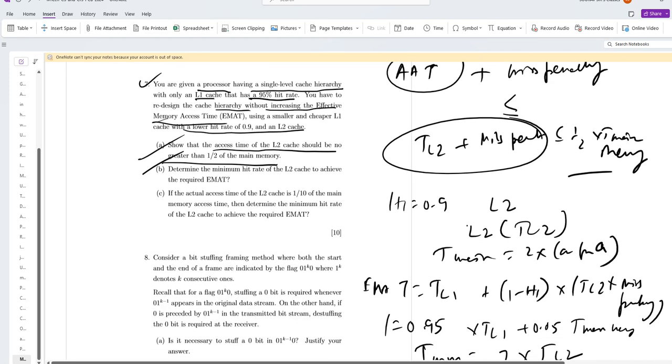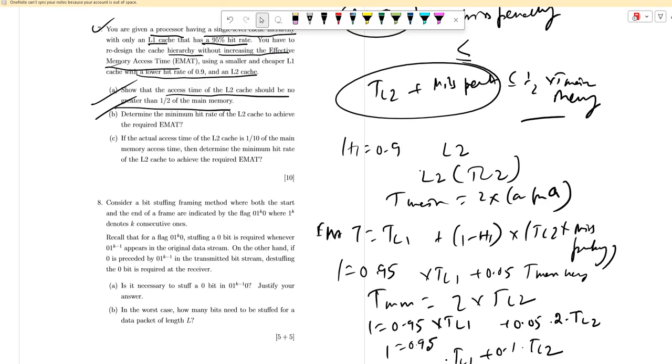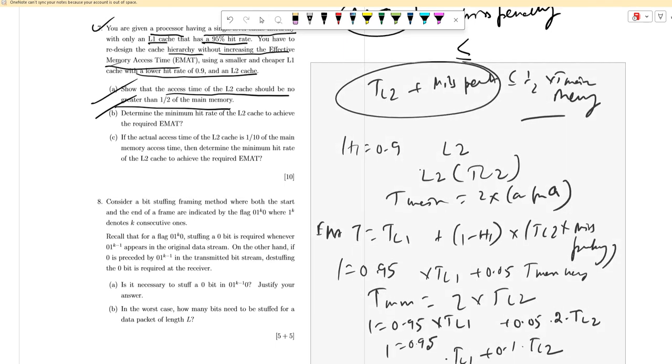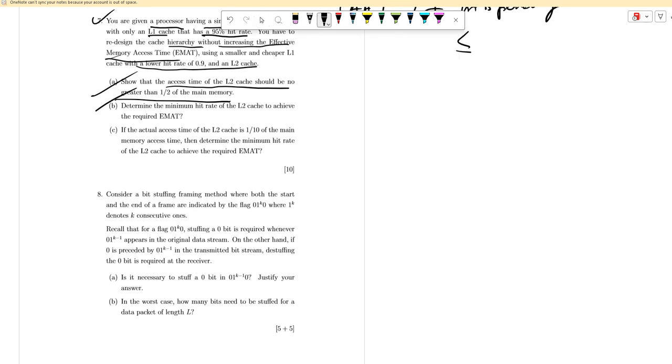And the last one: the actual access time of the L2 cache is 1 by 10 of the main memory. Okay, so in this case T L2 is 1 by 10 into T main memory.